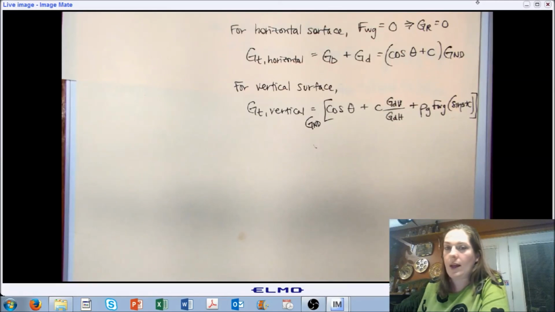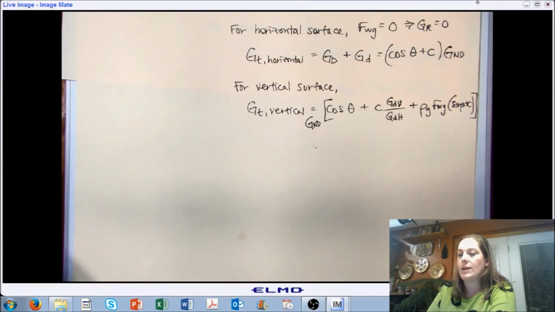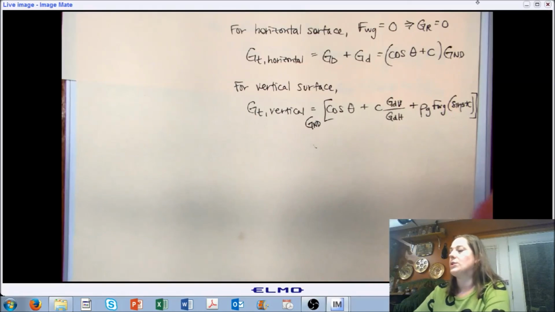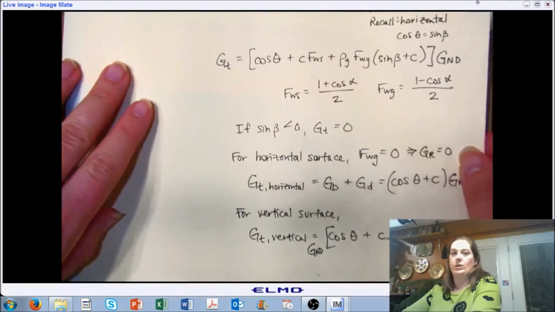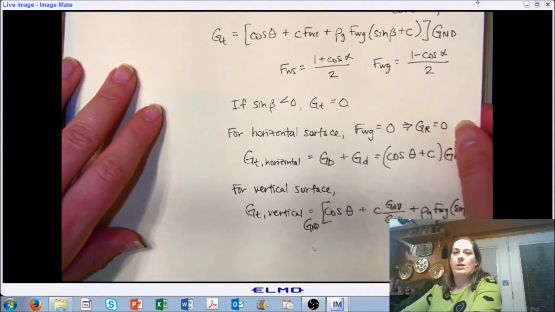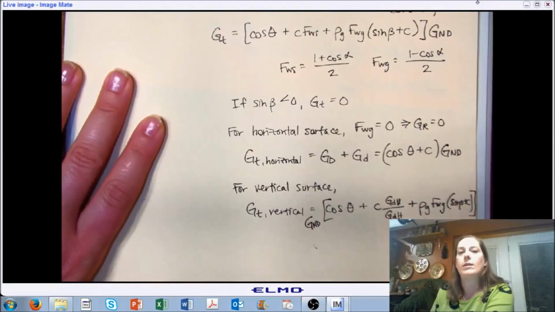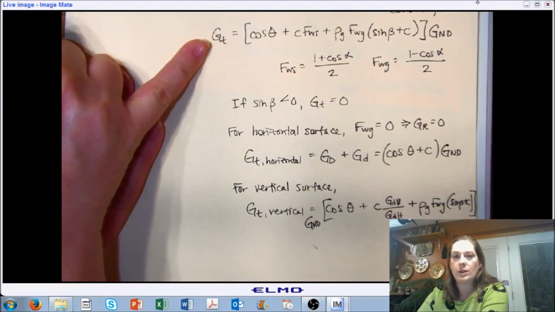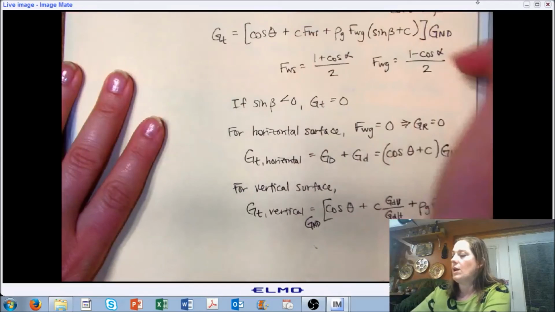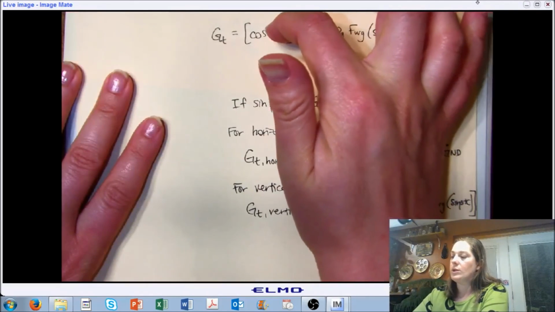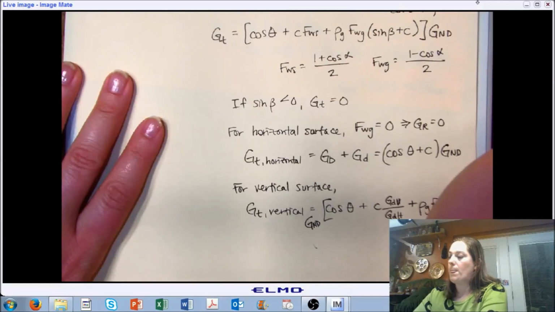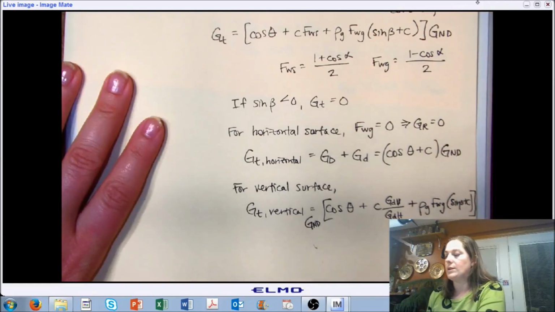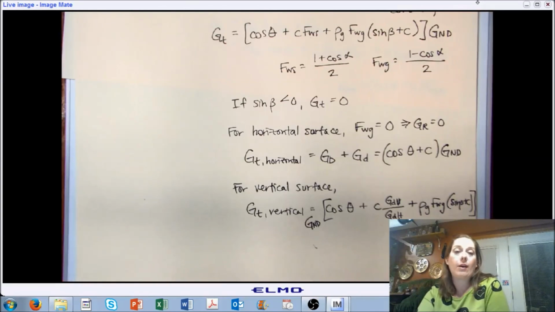Okay, and I think with that, that's going to wrap up this section on calculating solar irradiation. So let's take a short look back at where we were. So this wraps up the summary of all of this piece, where our total radiation onto a surface is represented by this equation, which is the portions of direct, diffuse, and reflected onto a surface, and then we have two special cases for a horizontal and vertical surface, but you can figure it out regardless of the orientation of your surface.